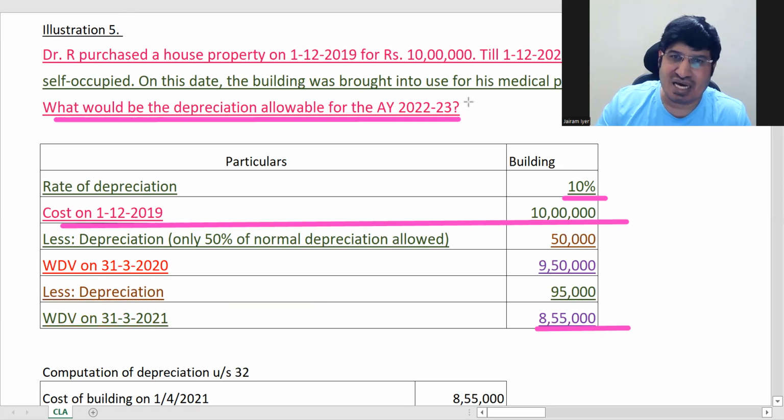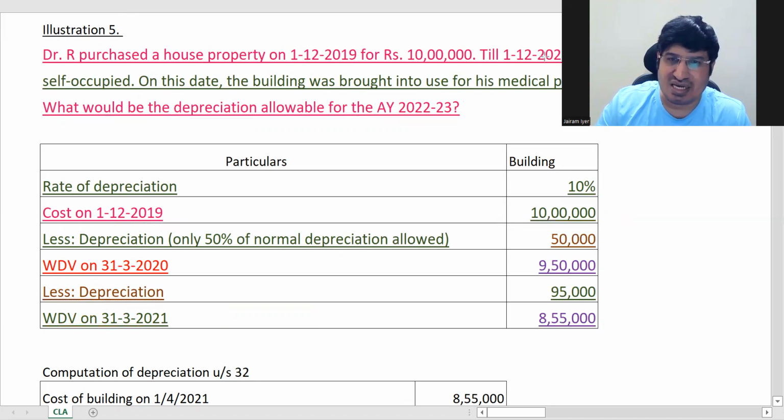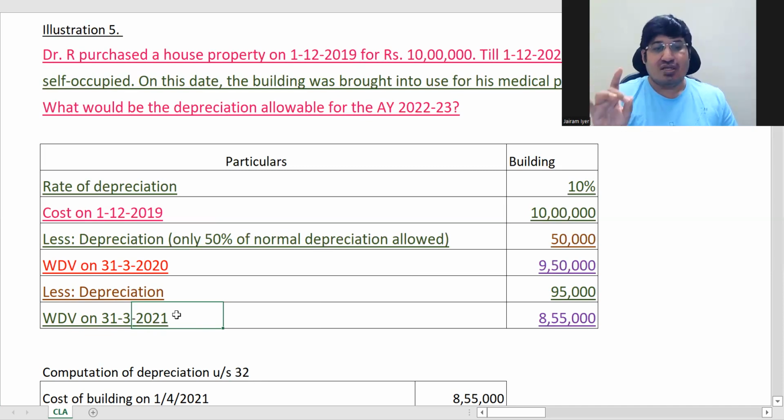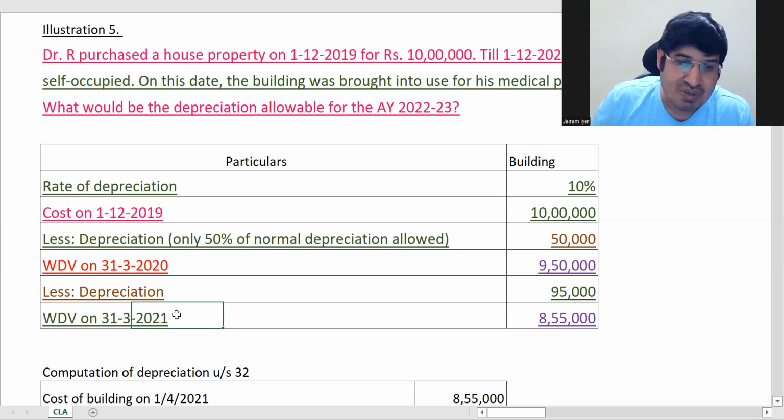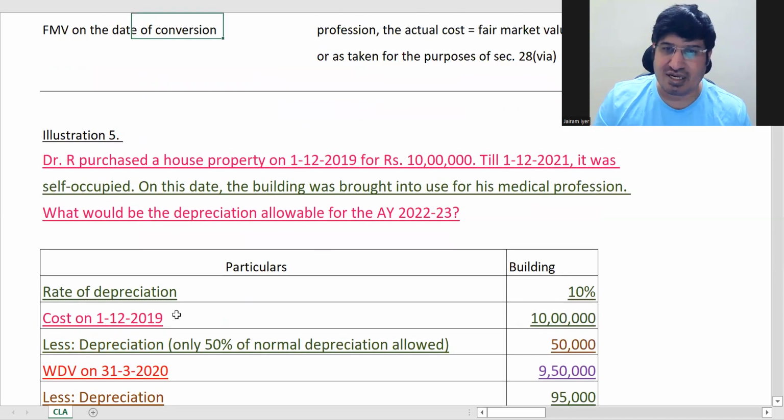Okay, now here you have to see this. We have brought it till 31/3/2021. Now we need to know depreciation for 21-22. But here one thing is there.